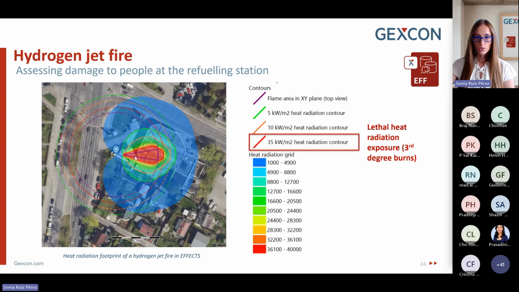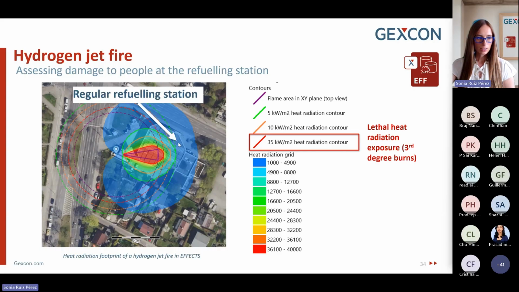This simulation shows the heat radiation contours of the fires and also these surrounding contours, which illustrate the extent of the fire's reach regardless of the wind direction. For this specific case, the wind is blowing from the west, but the surrounding contours show the extent of the jet fire, regardless of where the wind is blowing from.